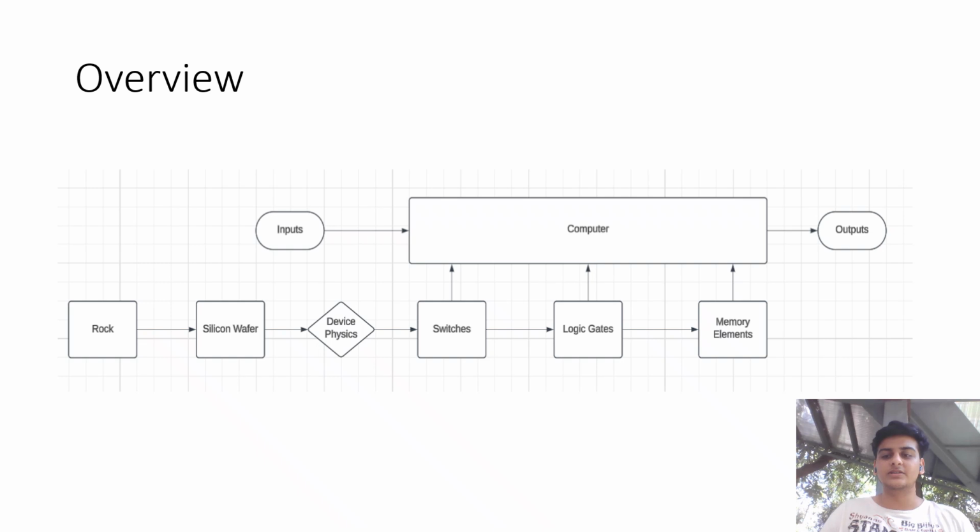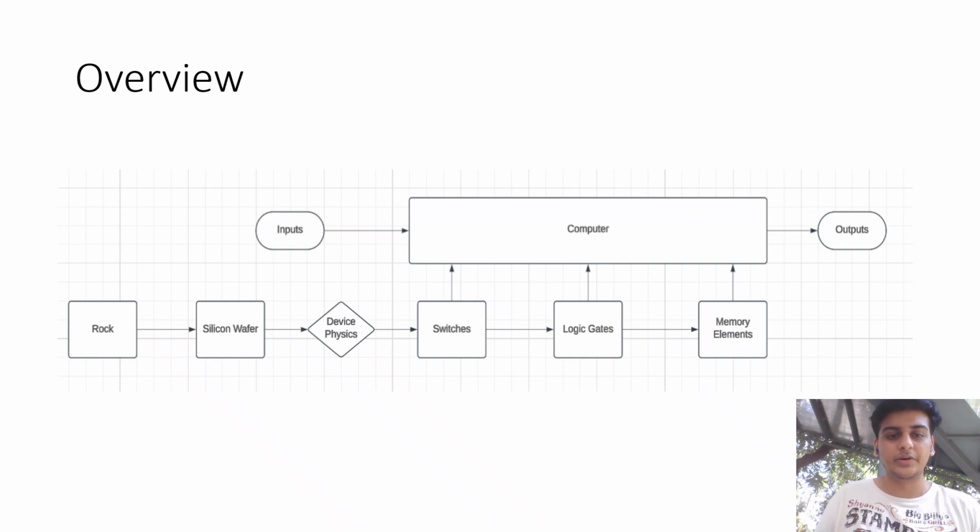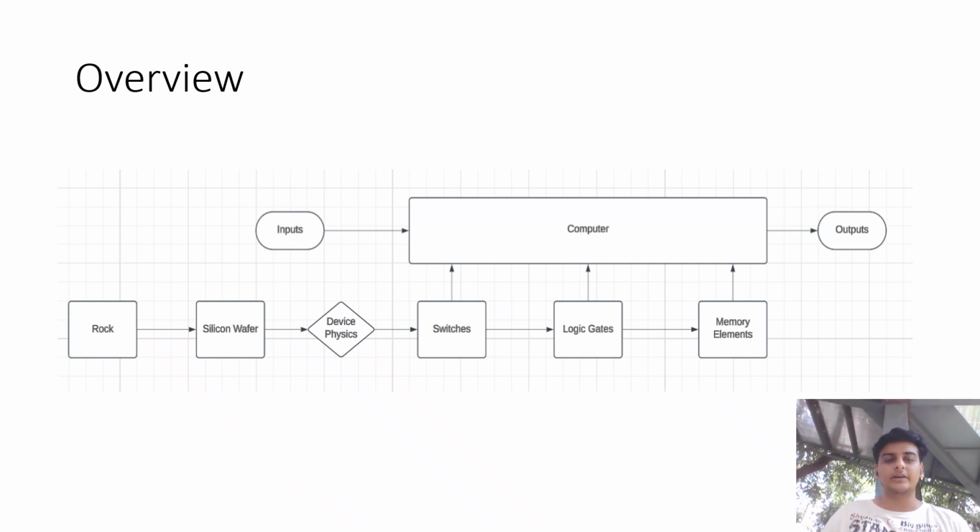Right. So firstly, what I want to do is give a roadmap and an overview of this entire journey, and then talk a bit specifically about where what we are learning in this course is going to fit into this journey. Cool. So basically, we start with a rock. We engineer that rock into something that we call a silicon wafer.